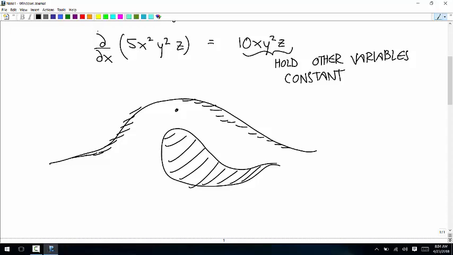You're saying, well, if the coordinate system is like this, the partial derivative with respect to x is the slope of this hill if you're moving to the right of the page.